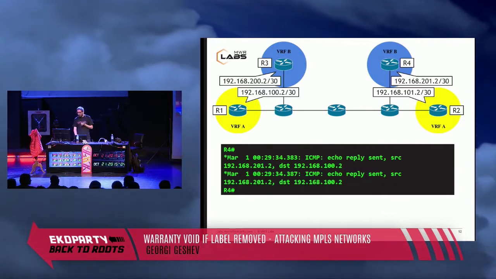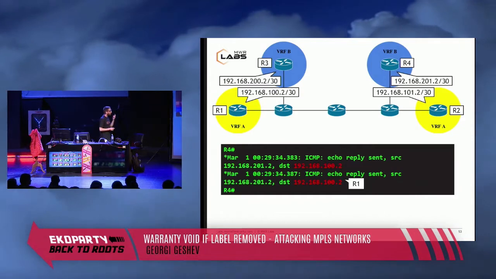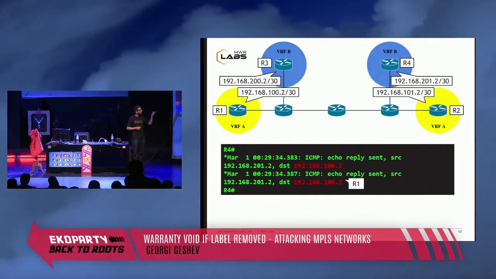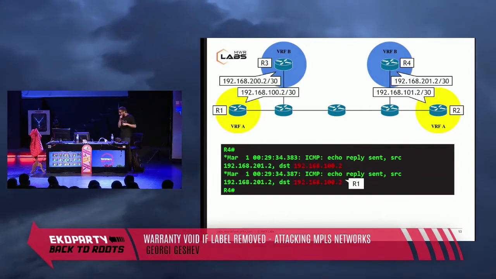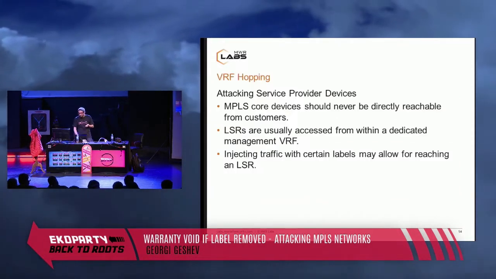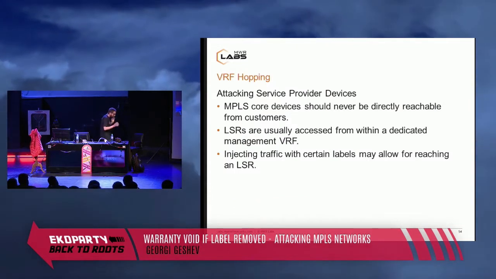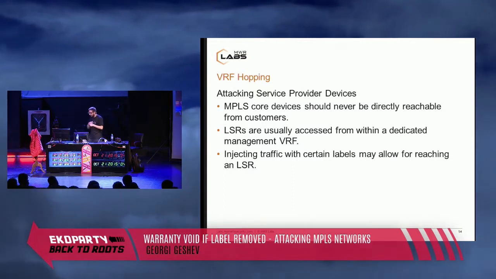So in this case, we managed to get the traffic across the VRF. As we can see, on R4, we see ICMP echo replies sent back to R1. The problem with this is we'll never see the ICMP replies, but more on this in a minute.